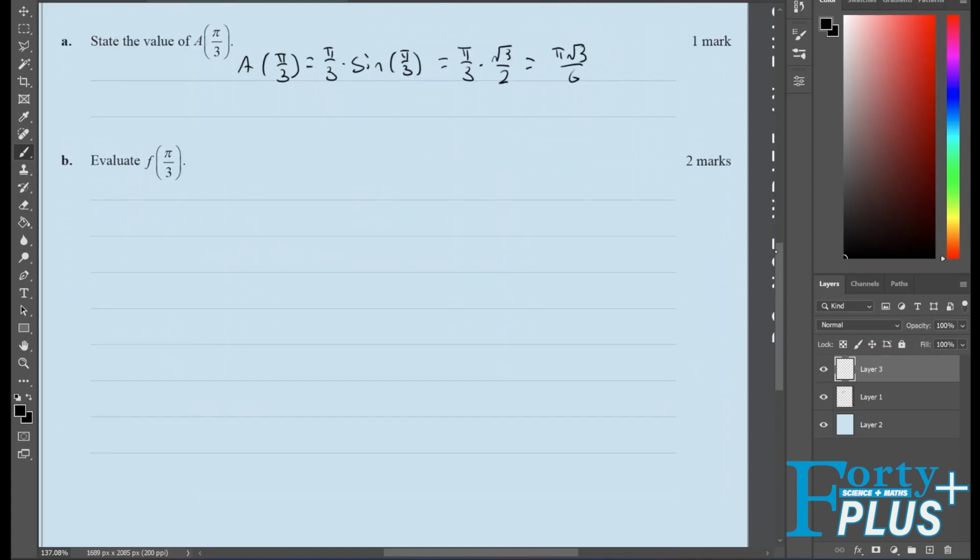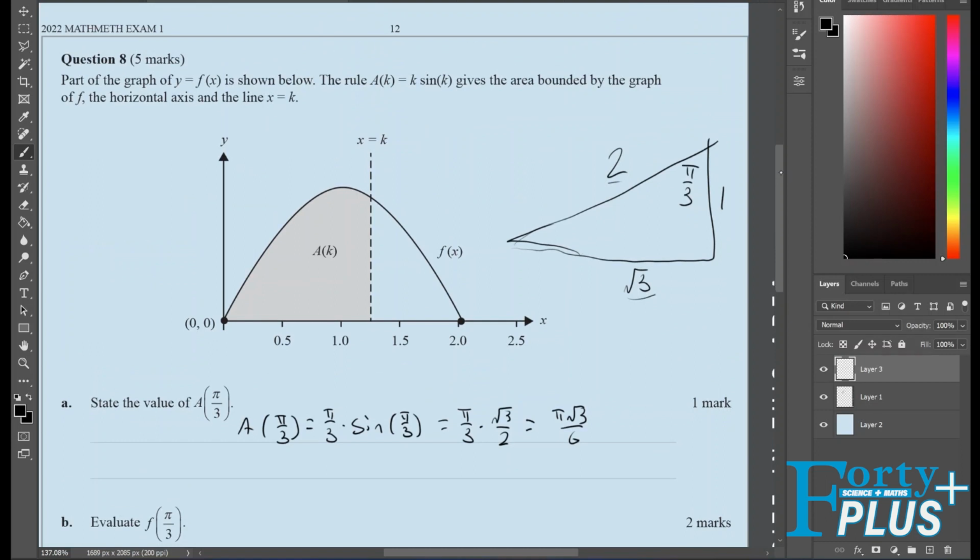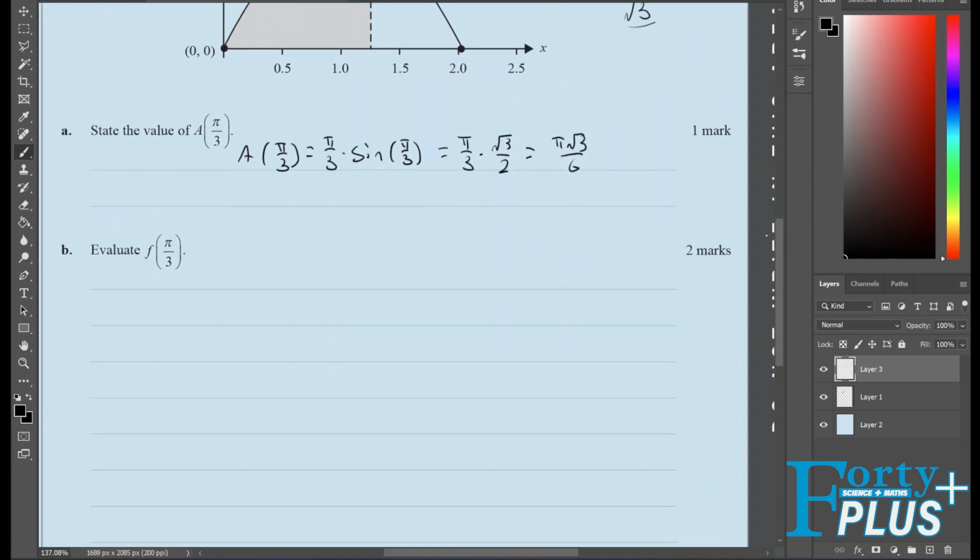Part B. They want us to evaluate f of pi on 3. Now, to find f, we know that the rule a gives us the area. So if we derive a, that means that we will be able to get the function f.